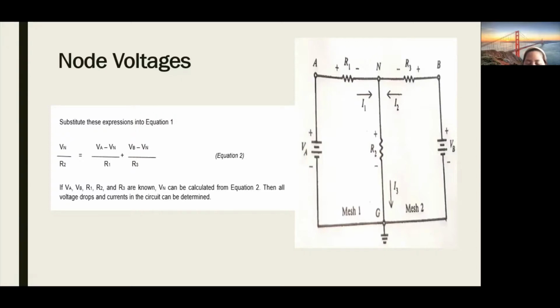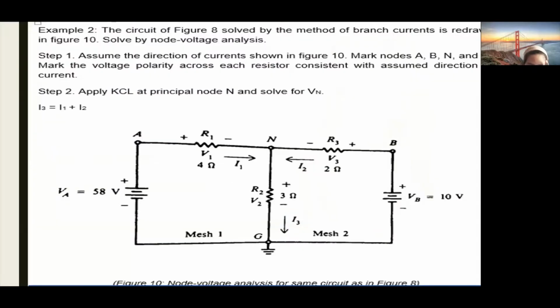Clear fractions by multiplying each term by 12.